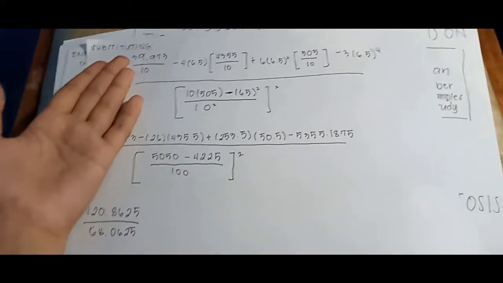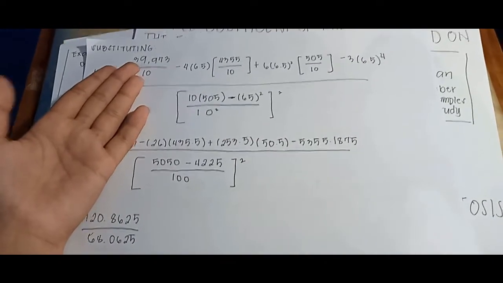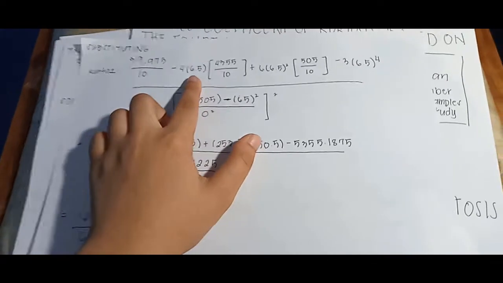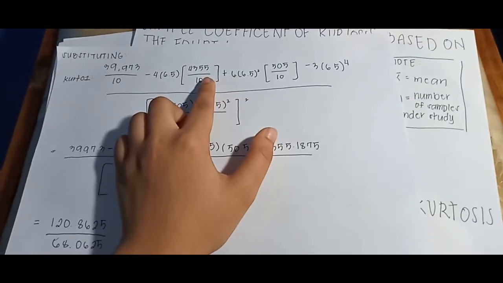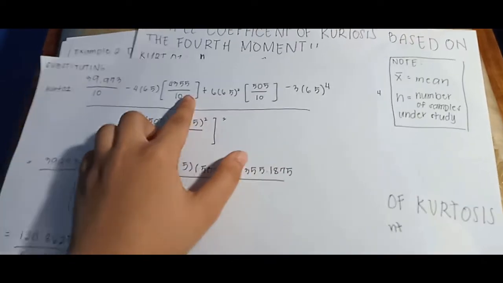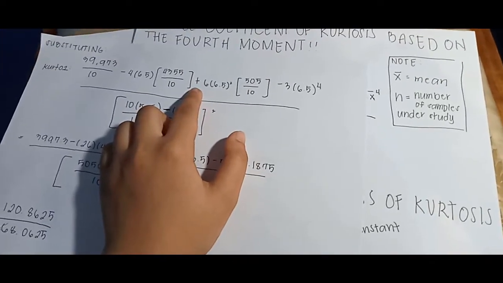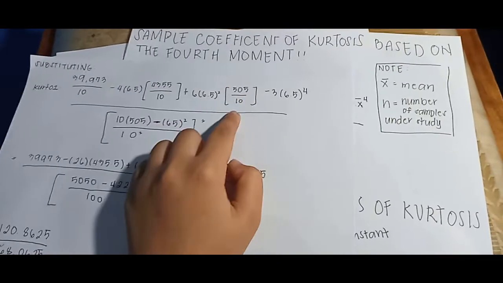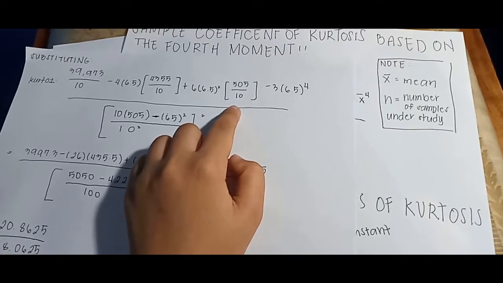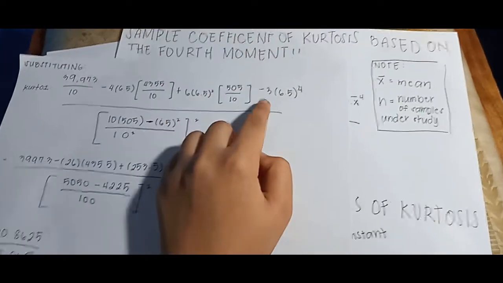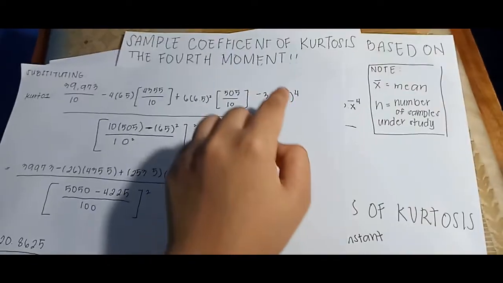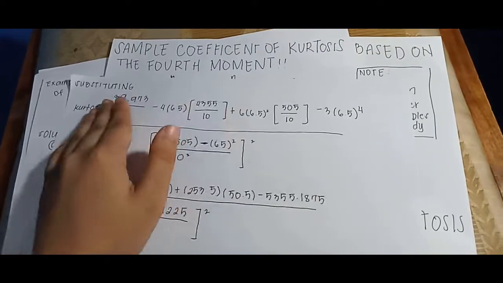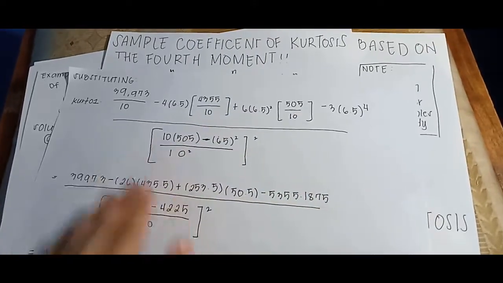So what we got is 39,973 over 10 minus 4 multiplied by 6.5 and multiplied by the answer of 4,355 over 10, which is added with 6 multiplied by 6.5 squared, which is multiplied by the answer of 505 over 10, which is subtracted by 3, which is multiplied by 6.5 raised to 4. And once you solve all of this at the top, we will divide it by the bottom.